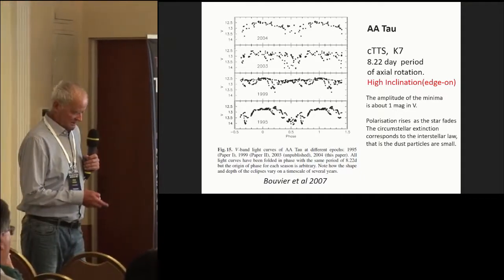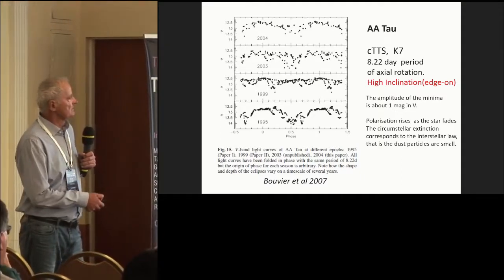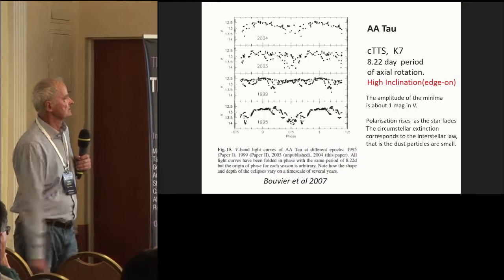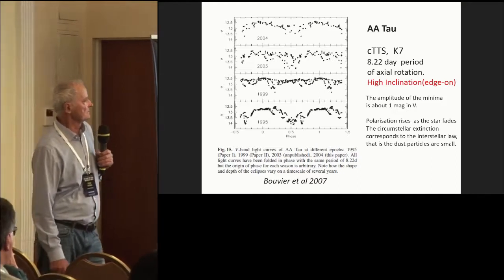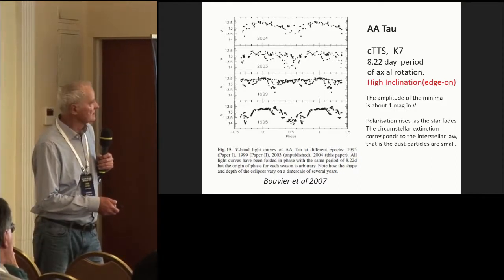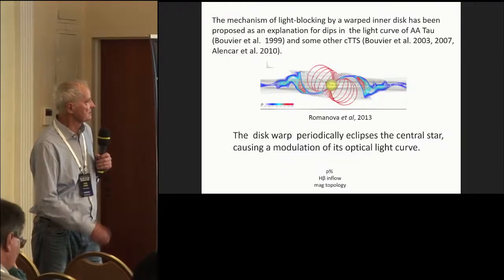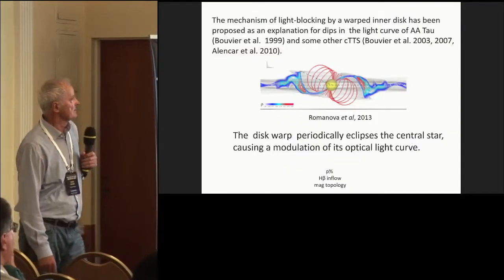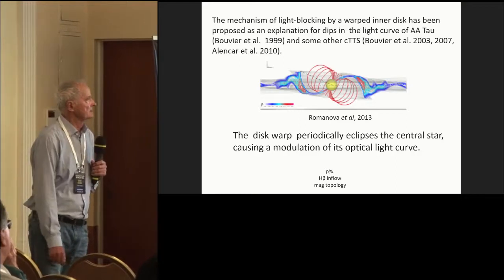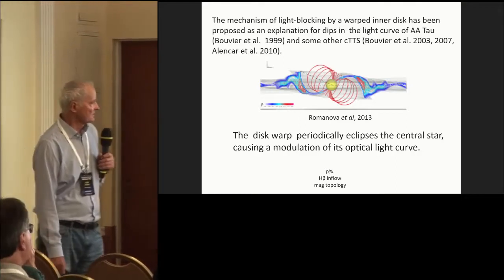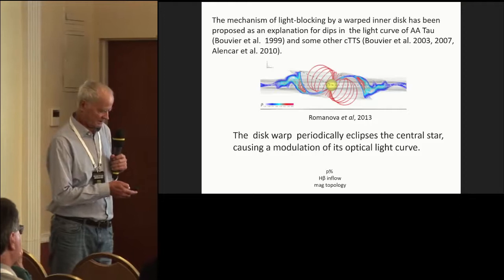Remarkable is that the shape of the minimum is changing in different epochs of observations, and that needed to be explained. The model suggested by the Bouvier team is the warped disk model.